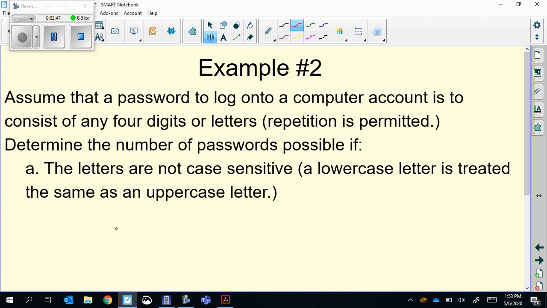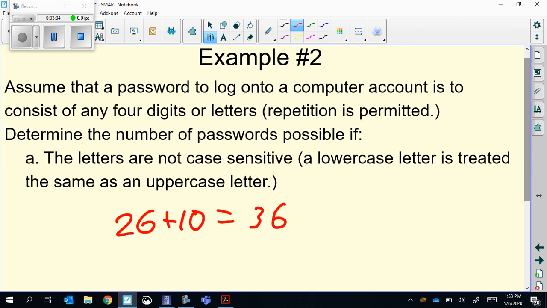That's the only difference there. So 26 letters, or it could be digits, so plus 10, that's 36 options for each space. And it's 4 characters.